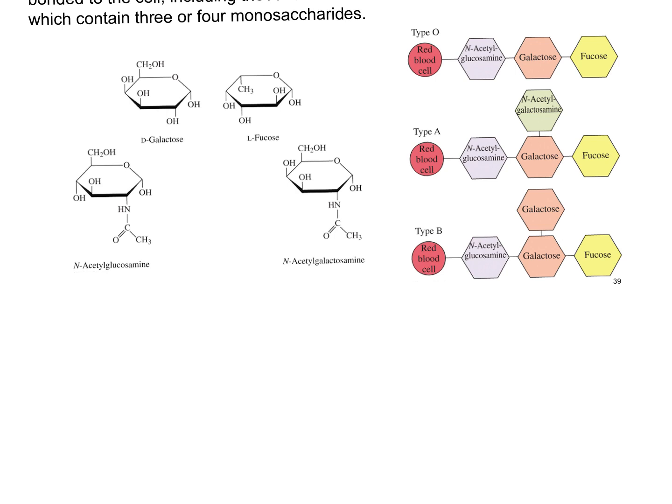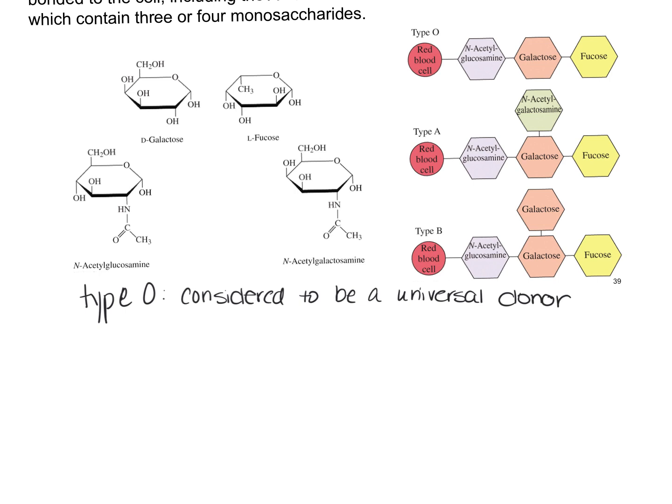So what this means is that type O is considered to be a universal donor because these are the same 3 here, here, and here.